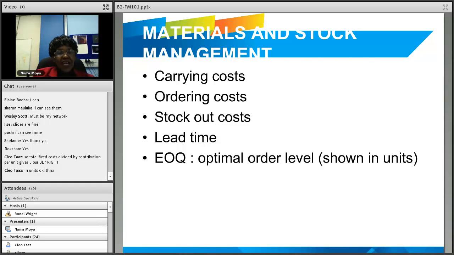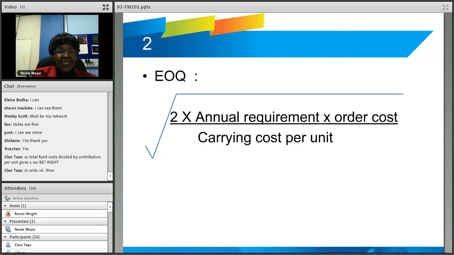Carrying costs are, if you have stock with you, you incur certain expenses like security, etc.